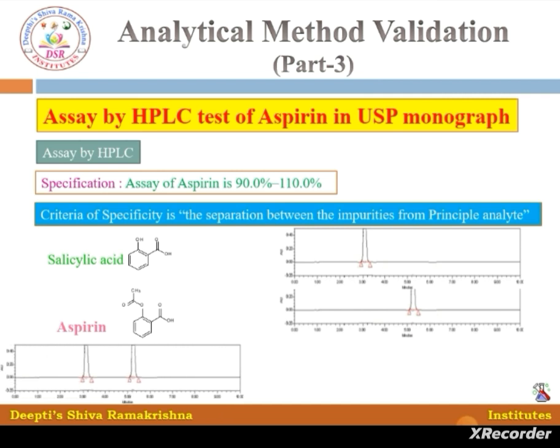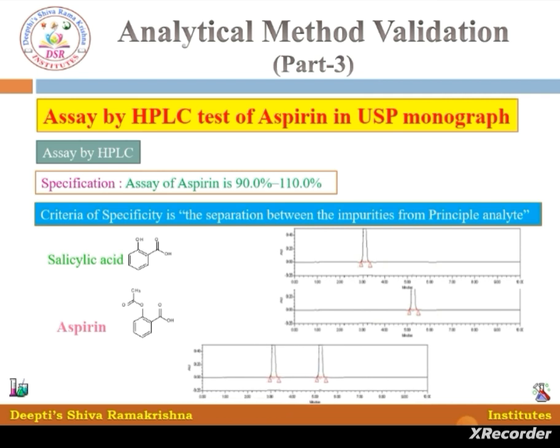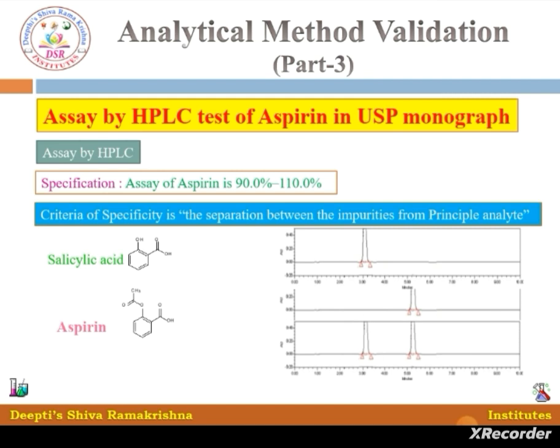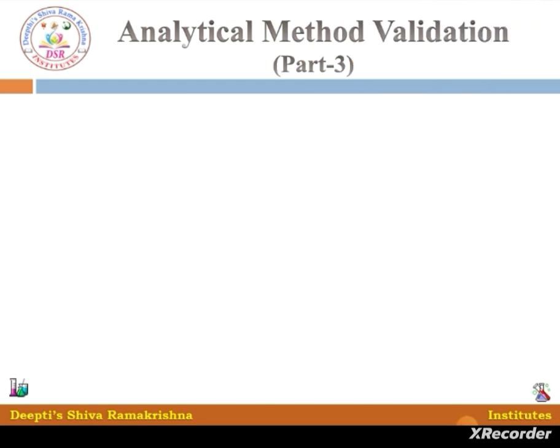To compare this, we need to prepare a mixture of both solutions and compare the retention times of aspirin and salicylic acid. By these chromatograms, we can see both are at different retention times.